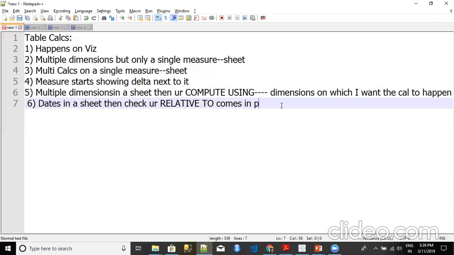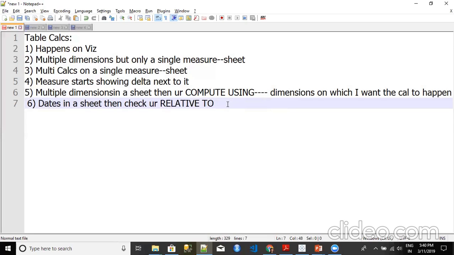Then we have to check our relative to component, because we would want one part of the calculation to happen on a single dimension and the second part of the calculation to happen on dates. If our visualization does not have dates but just two dimensions, like I earlier mentioned, region and state, then we will not even get an option of relative to. This relative to option only comes when you have dates in the picture.